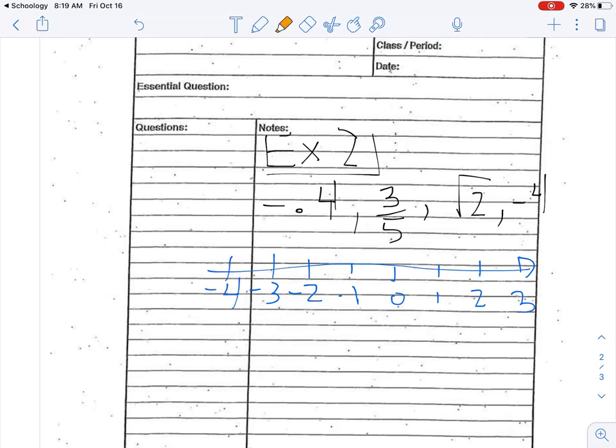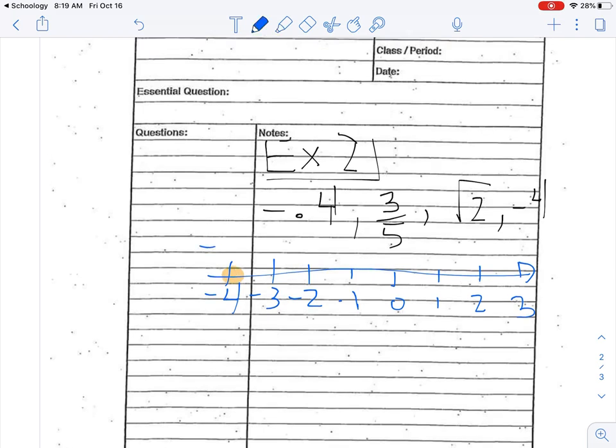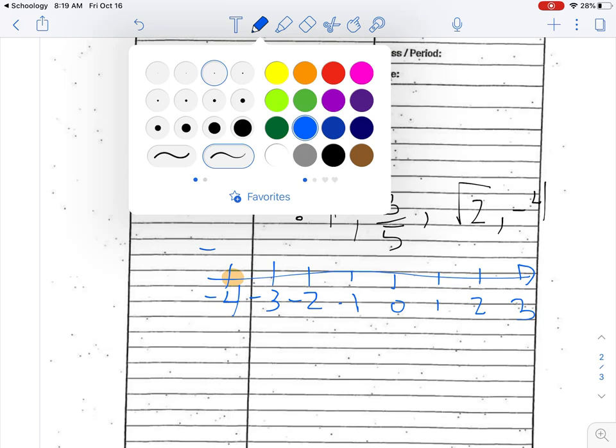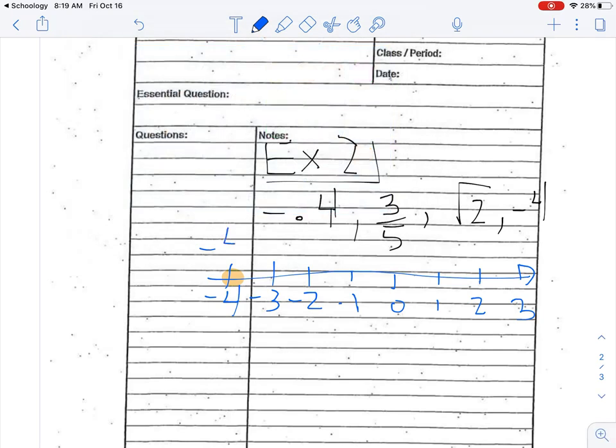What I do on this number line is highlight where negative 4 is and write negative 4 above it. Then I have to highlight where 3/5 is, and negative 0.4. I know that negative 0.4 is going to be in between 0 and negative 1, so I'm putting it there.